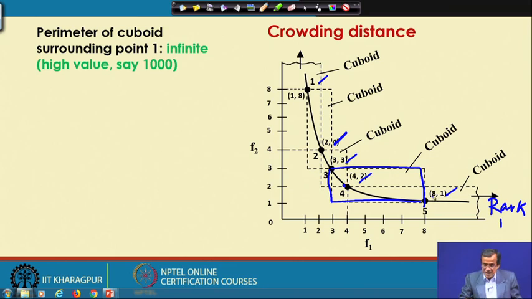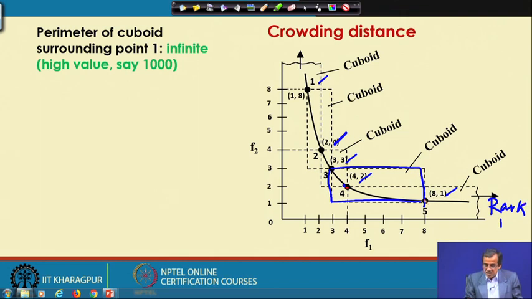Similarly, if I want to find out the crowding distance value for this particular point 5, what I do is try to find out whatever is lying towards the left of this point 5, that is nothing but point 4, and towards the right there is nothing. So, we can assume that there is a point at infinity.